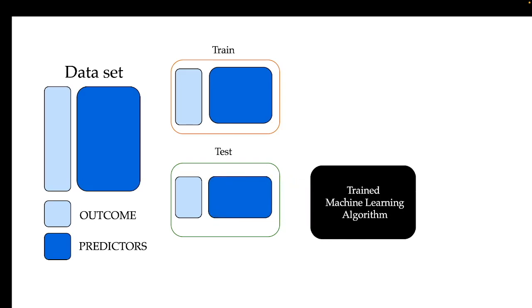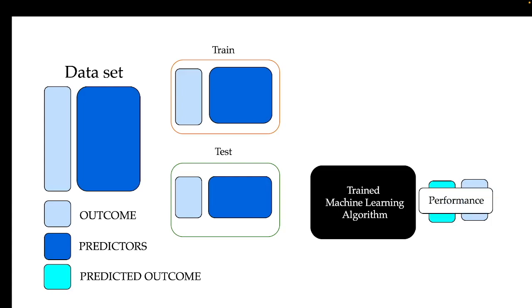Then we'll get a predicted outcome, which we can compare to the actual outcome of the test set. And we can see how well our machine learning algorithm performs. And in some cases, as with ElasticNet regularized regression, we can also get an idea of which predictors were the best predictors.